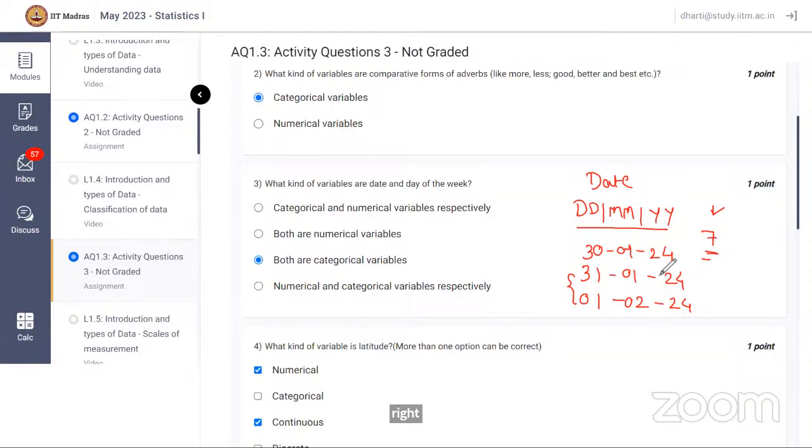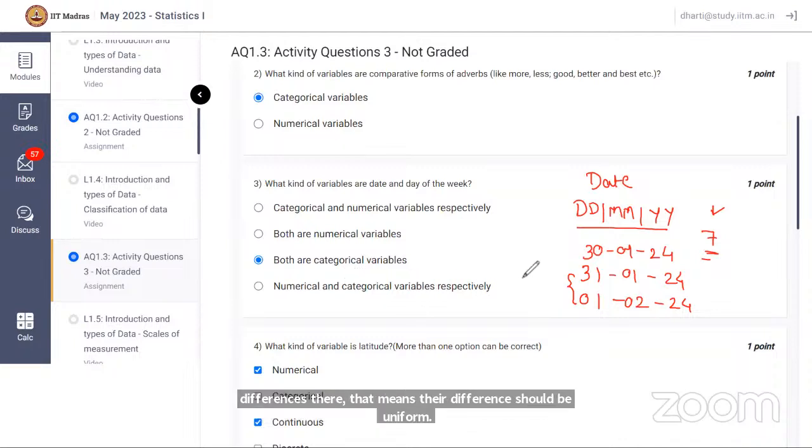But when it comes to numerical, there are certain rules to follow. That means the difference should be uniform. If you are saying some difference is there, then that difference should be maintained here also, and that's not there. The month can also be in January or December form, so we cannot add or subtract in that case.